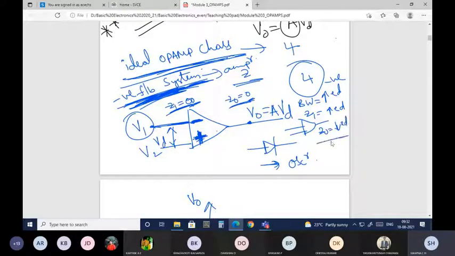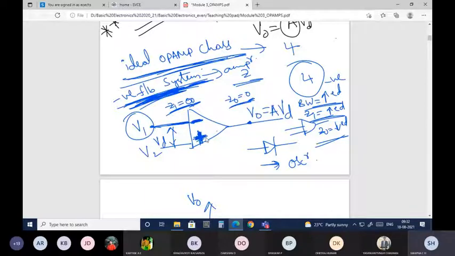All these are advantages for the op-amp. So most amplifier circuits go with the negative feedback system only.